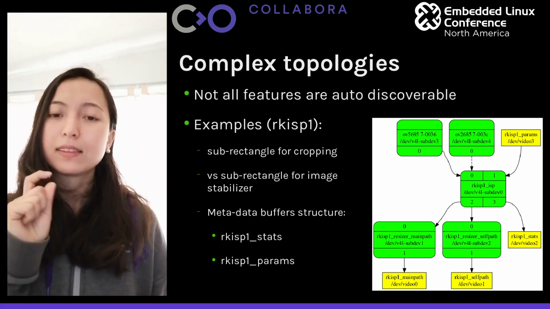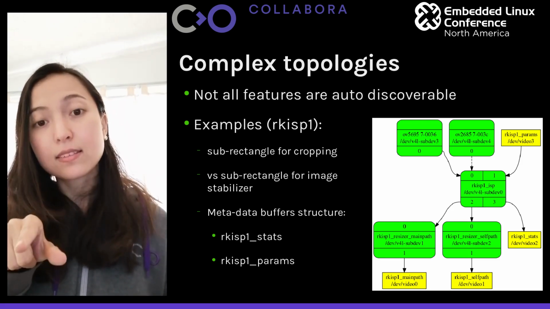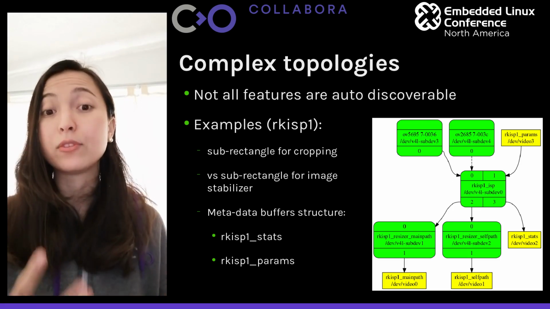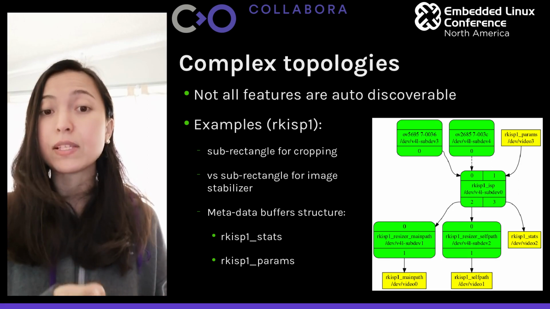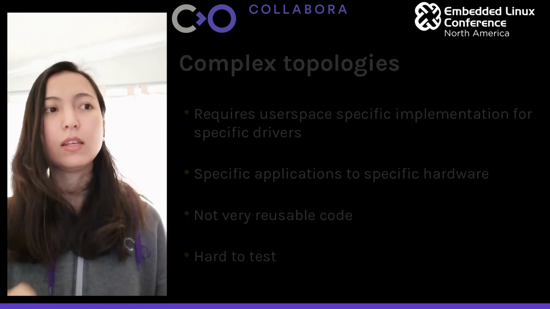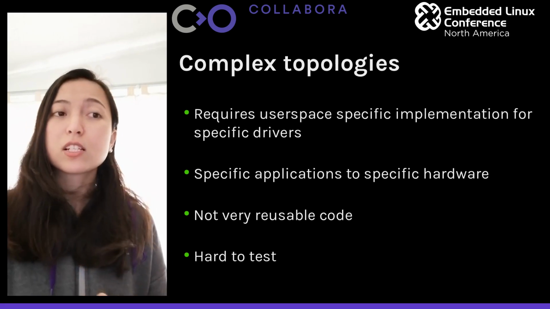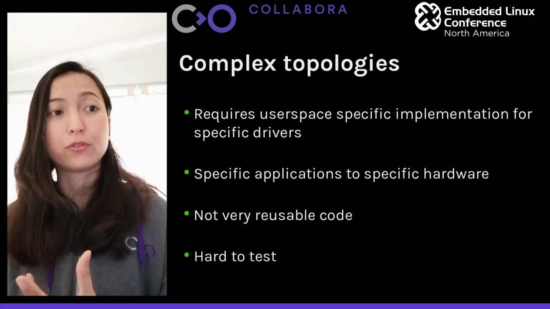Also, the metadata buffer structures that we have in the statistics and in the parameters are usually in some kind of format that is very specific to the driver. This means that it requires userspace to have specific implementations for specific drivers.